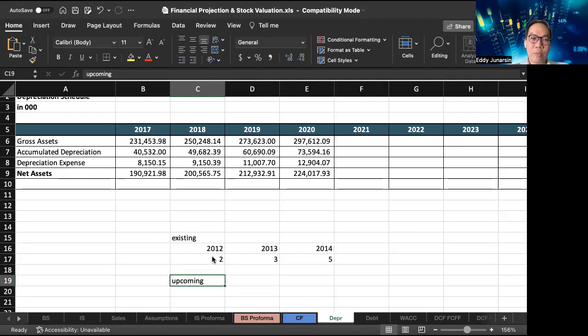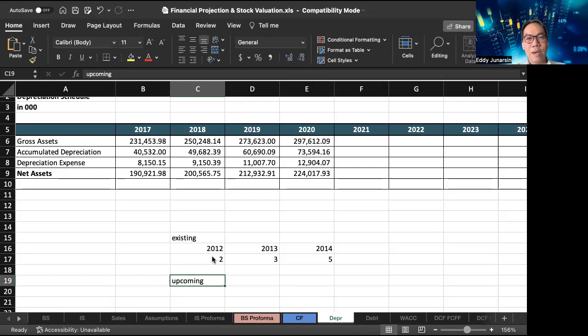So we have existing assets that are still being depreciated even until today, and we might have upcoming assets if we know that in certain years in the future, you will procure new assets.